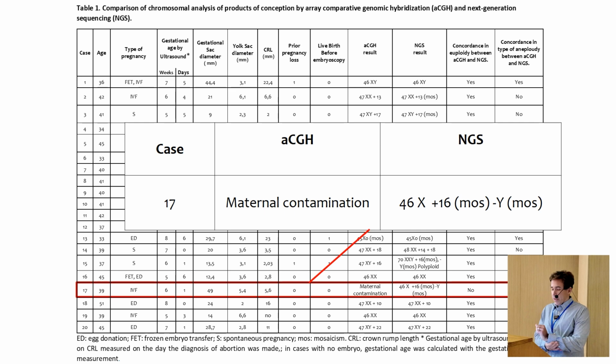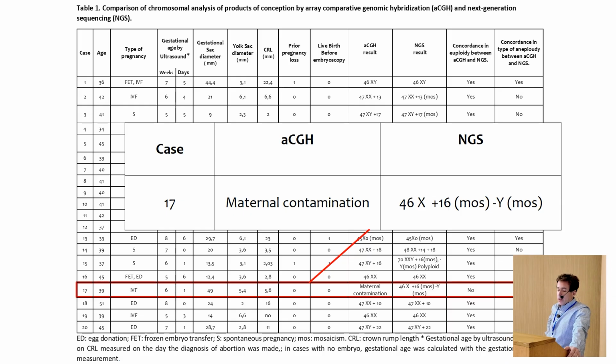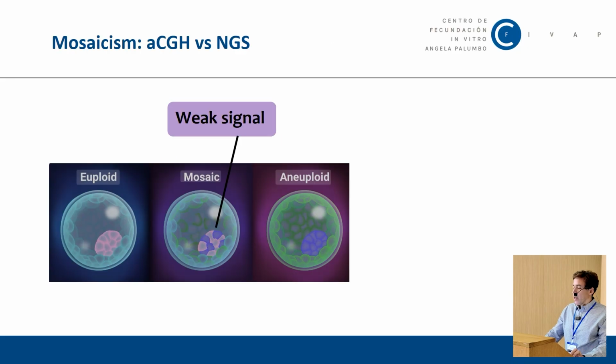And what we found is we had one case of maternal contamination in the ACGH analysis, but when we analyzed this case with NGS, it was informed as mosaic of trisomy 16 and monosomy of X. How can we explain this?